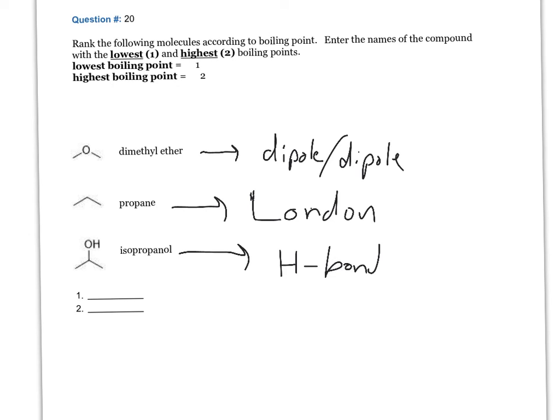Isopropyl alcohol has the strongest intermolecular force, so the highest boiling point is isopropanol. And then the weakest is going to be propane, the lowest boiling point, because it has the weaker intermolecular forces. Dimethyl ether would be in the middle somewhere.